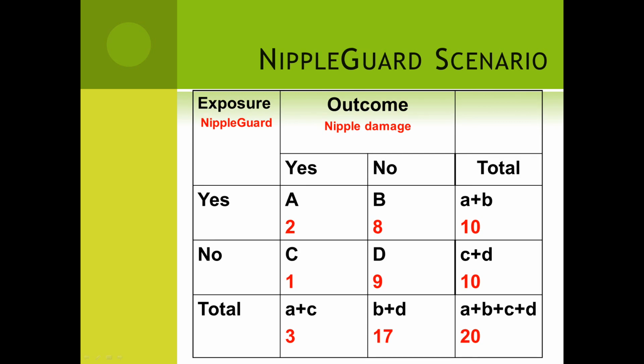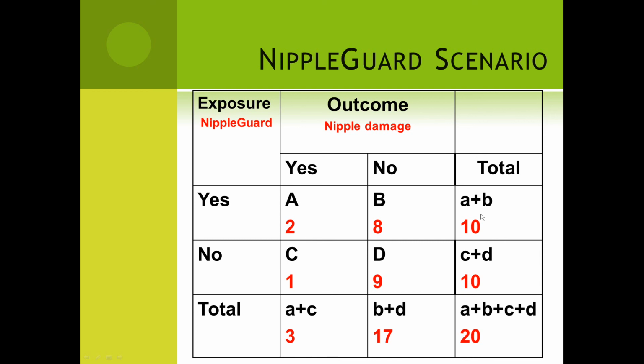There we are. You can see in this left-hand column we have exposure, so we have people who did use the nipple guard and people who didn't use the nipple guard, and then we need to put in the numbers according to the outcome. So how many women in the nipple guard group got nipple damage, and we know that was 2.